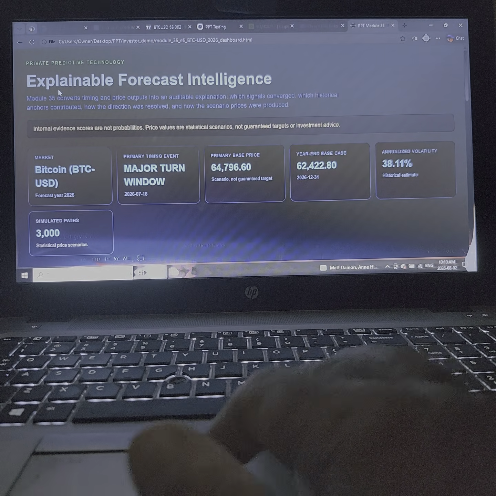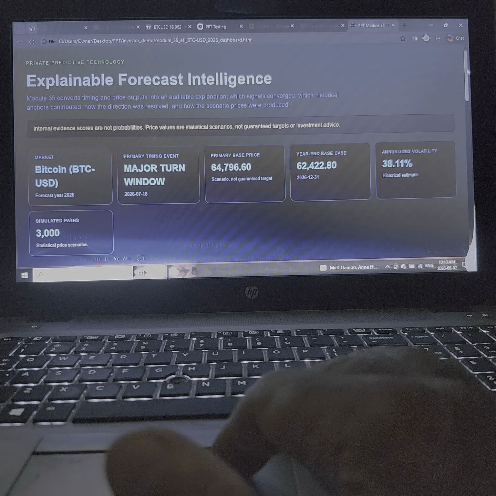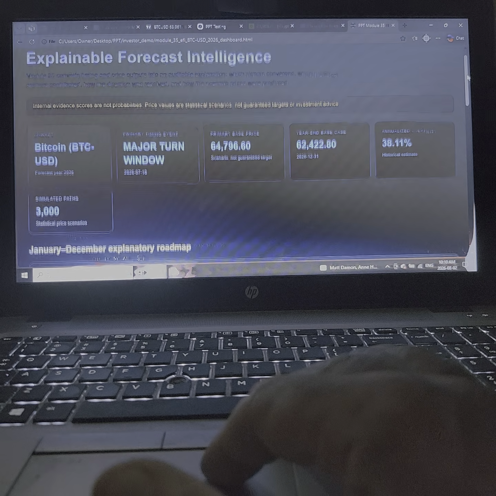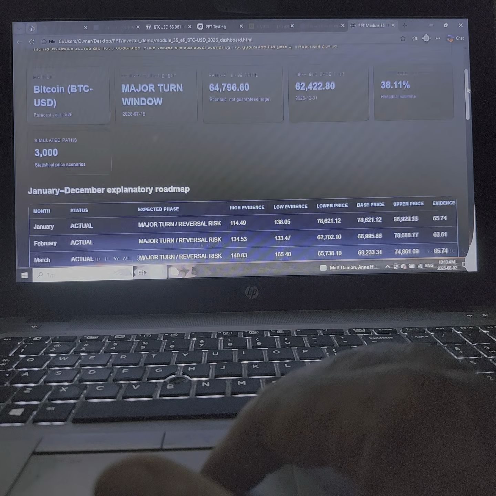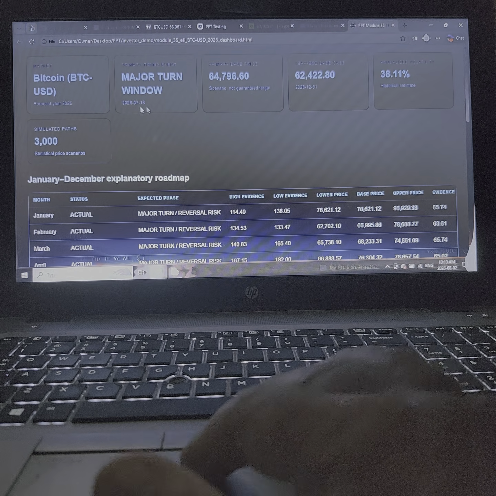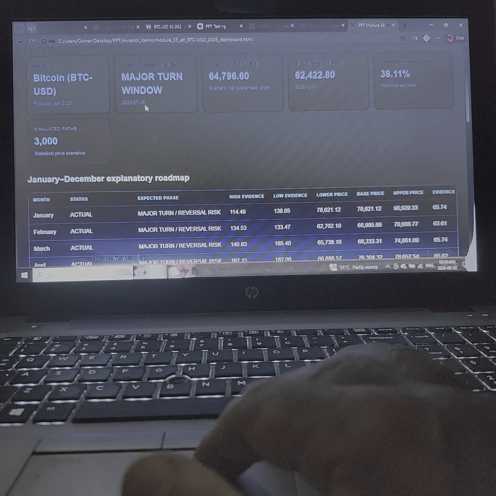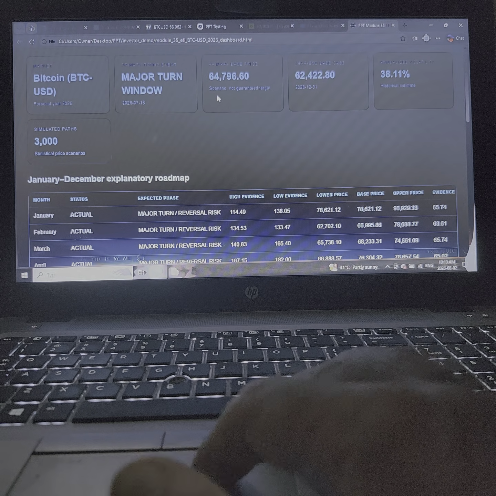Here we go. So now it has brought up our investor demo, and this is explaining about Bitcoin. It's telling us that there's a primary change in trend around the 18th of July, which we know there has been a change, so it's picked up on that.